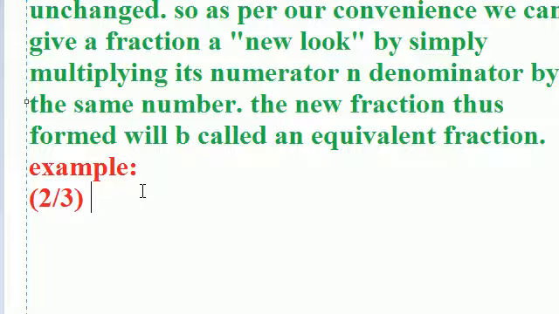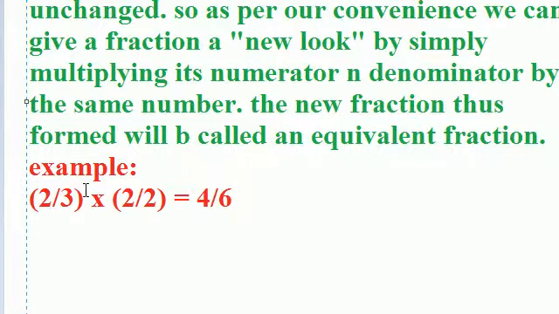Now suppose we multiply its numerator and denominator by the same number, 2 by 2. So what we get is numerator times numerator, 4, divided by denominator times denominator, 3 multiplied by 2 is 6. So we can say 4 by 6 is an equivalent fraction of 2 by 3, meaning that 4 by 6 is the same as 2 by 3.